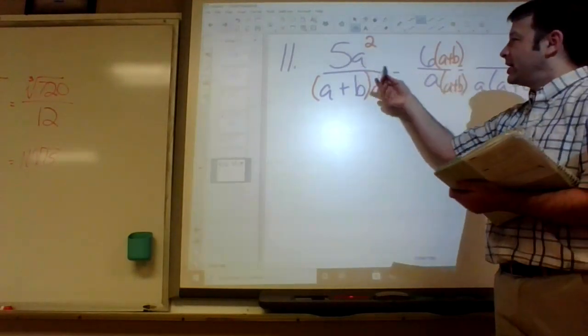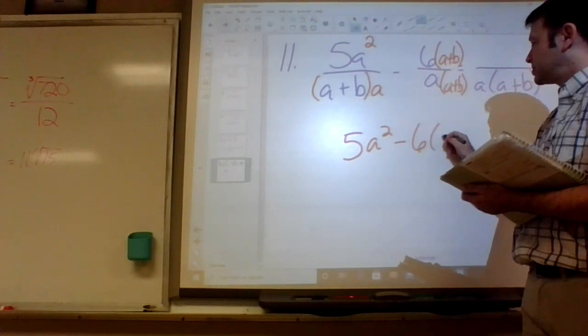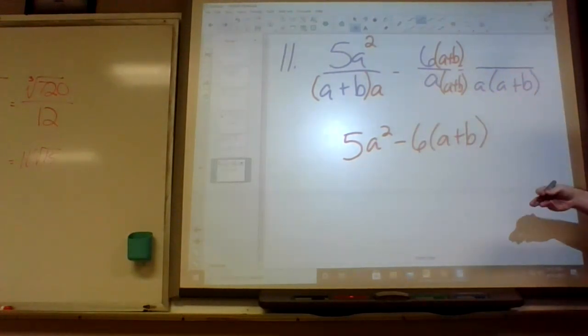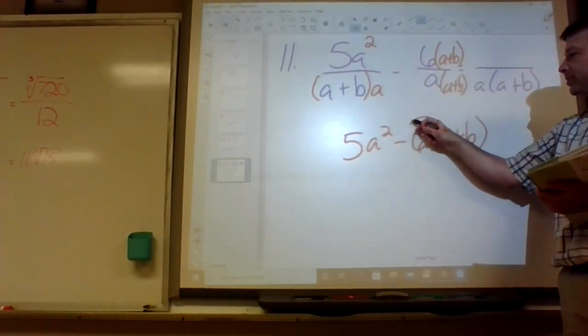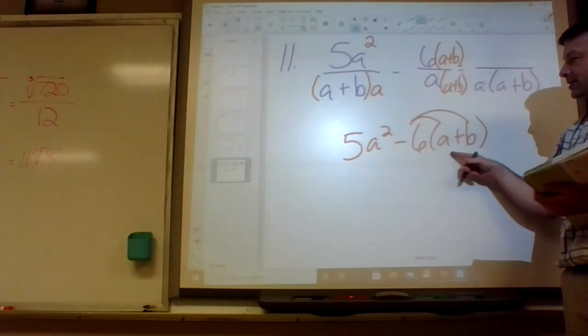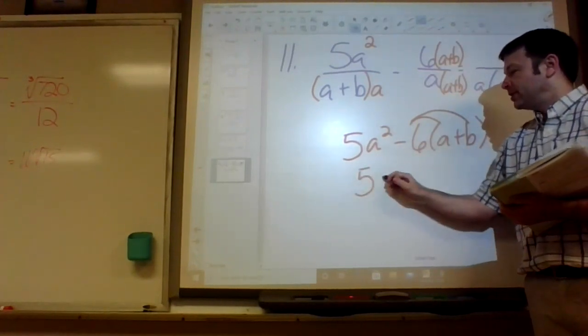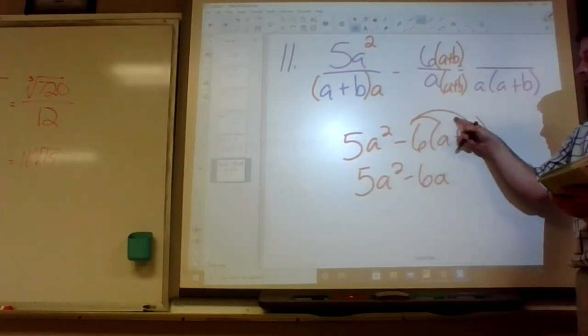So basically what we have there is 5a squared minus 6 times a plus b. What can I do to that? Distributive property, basically, that's a negative 6 in essence. So 5a squared minus 6a minus 6b.